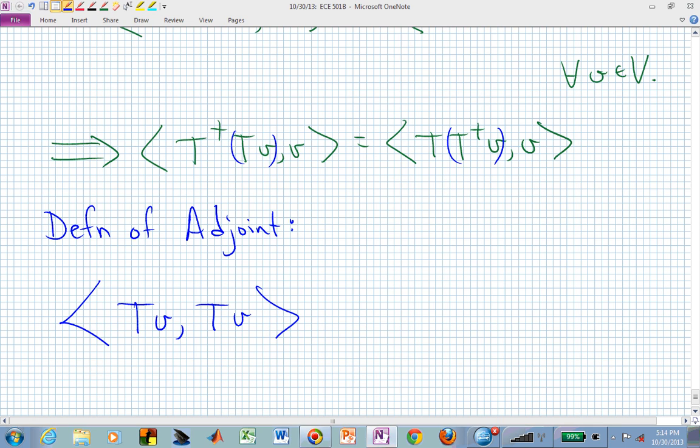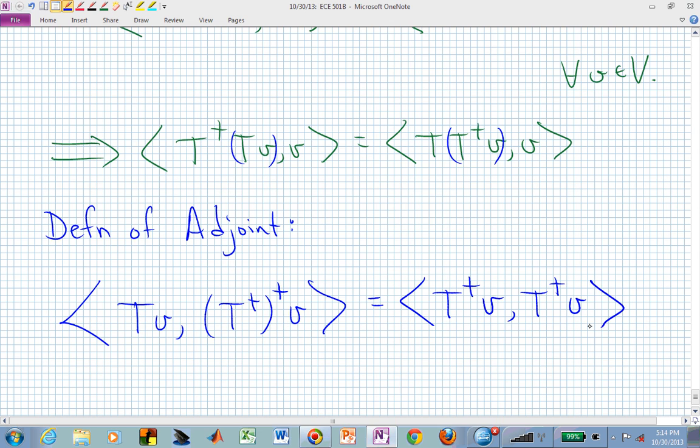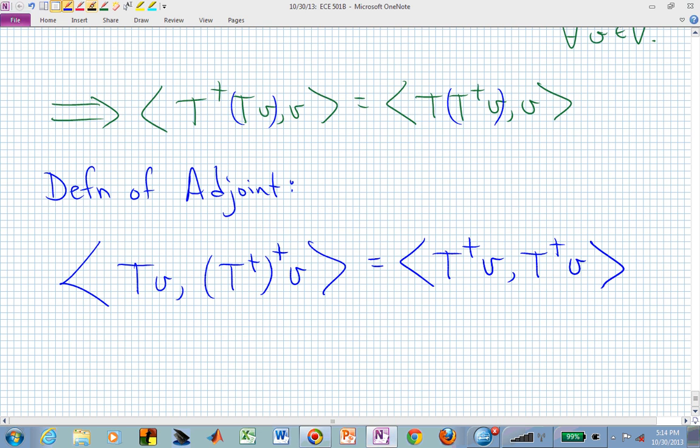Is that okay? Which really, to do it in more steps, I've done T dagger V. And this one on the right-hand side is now T dagger V with T dagger V. And this guy, I think we talked about that last time.